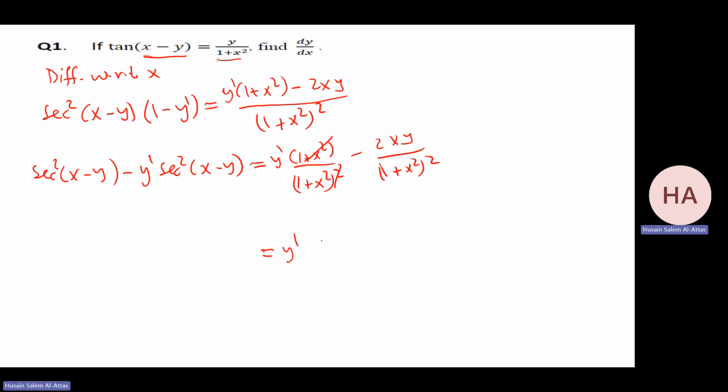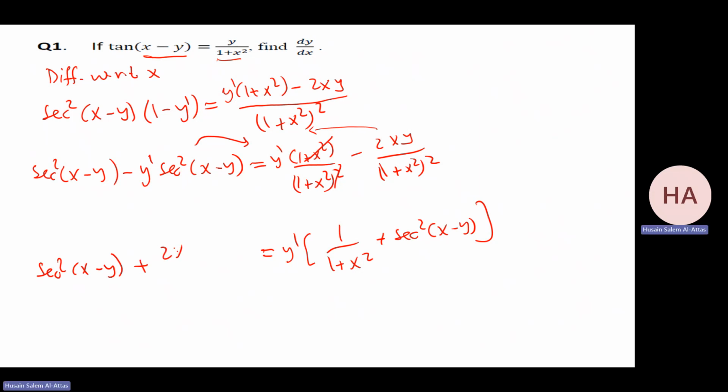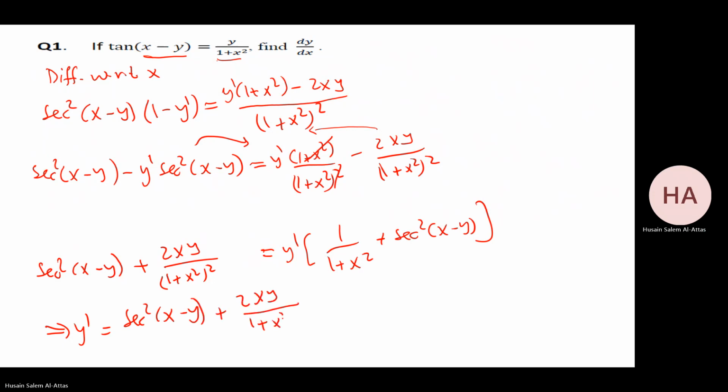So I have y prime, 1 over 1 plus x square plus secant square x minus y. I took this to the other side. This one I take it to the other side. So I have what in this one? Secant square x minus y plus 2xy over 1 plus x square. So y prime will be this over this one.